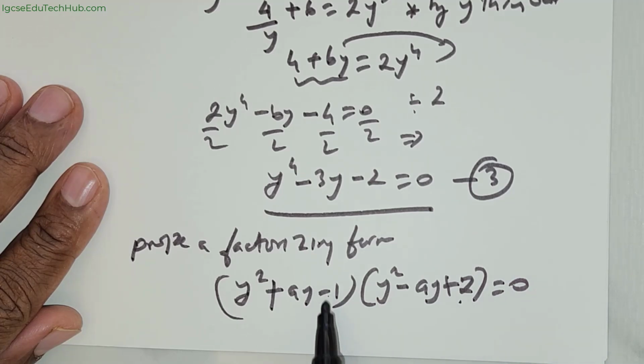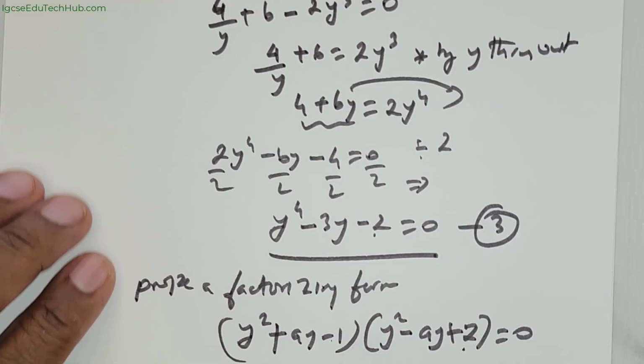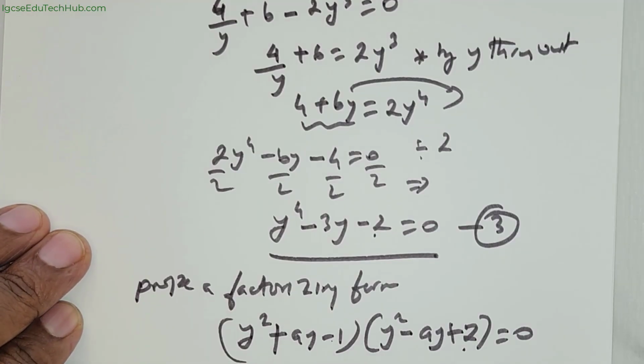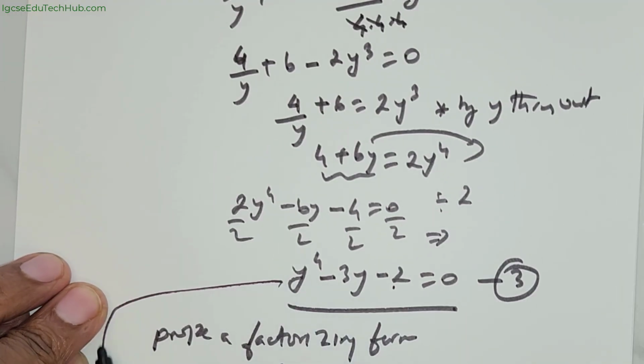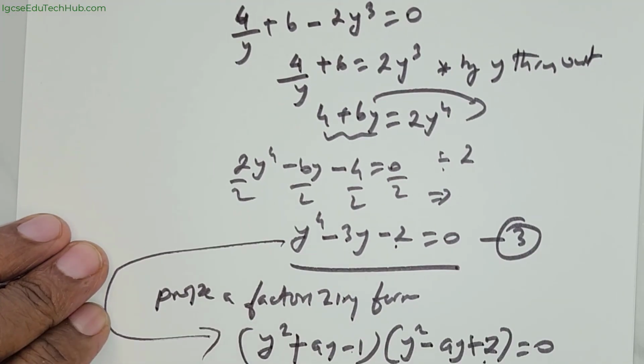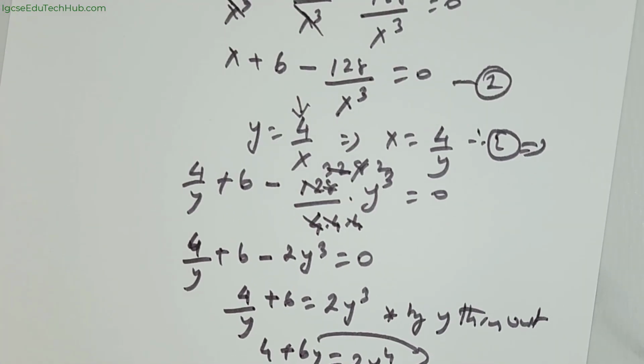Why do I take plus 2 and minus 1? Because we got minus 2 there, that's the reason. Now we will have to find out the value of a, so that this can be written as a product of these two. That is going to be the all important requirement. So what I will do now, I'll go to the new page.